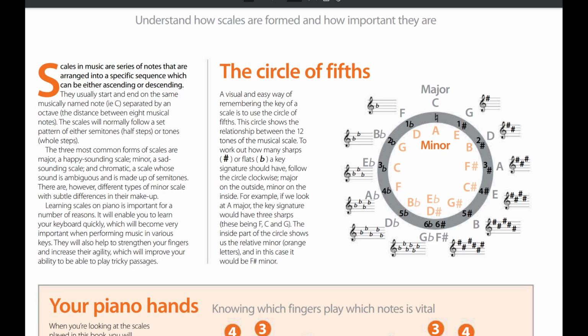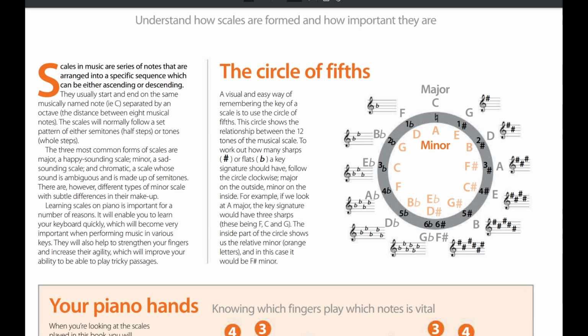The circle of fifths. A visual and easy way of remembering the key of the scale is to use the circle of fifths. The circle shows the relationship between the 12 tones of the musical scale, to work out how many sharps or flats a key signature should have.